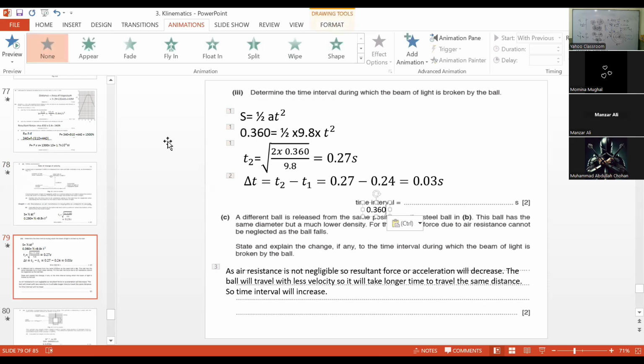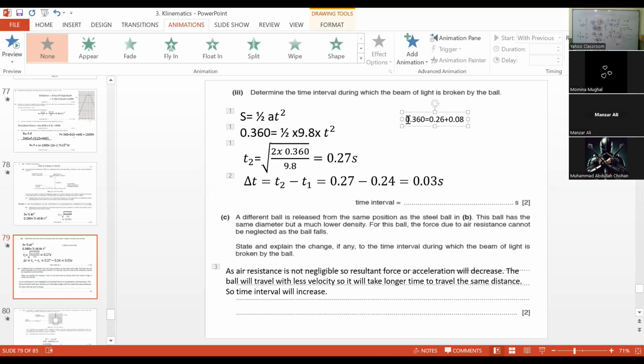ओके, यहाँ पे मैंने ये कैसे निकाला है, मैंने ऐड किया है equal to 0.28 plus 0.08.